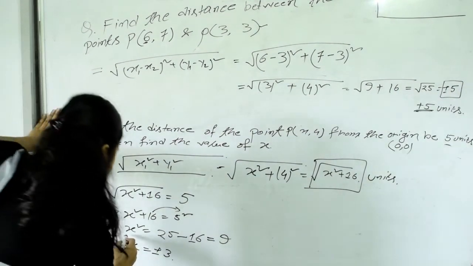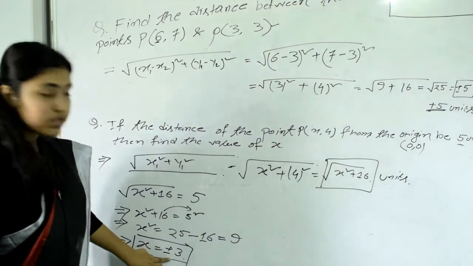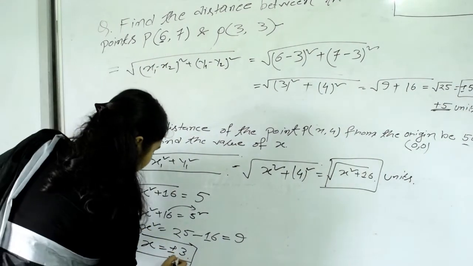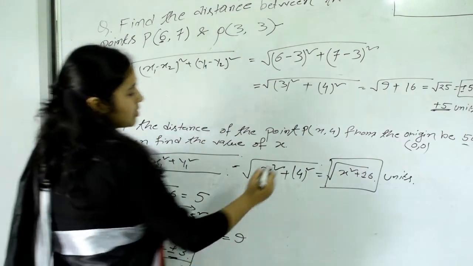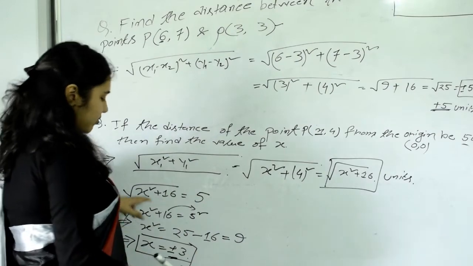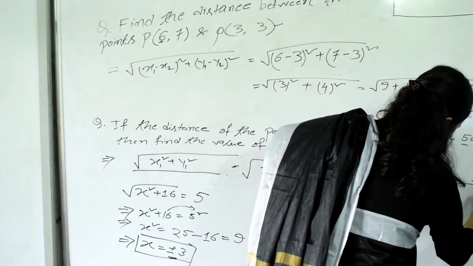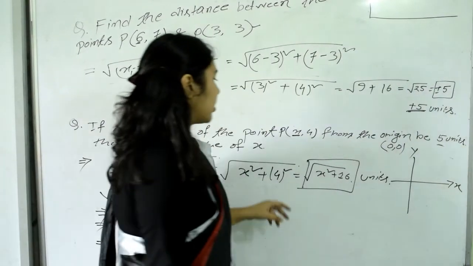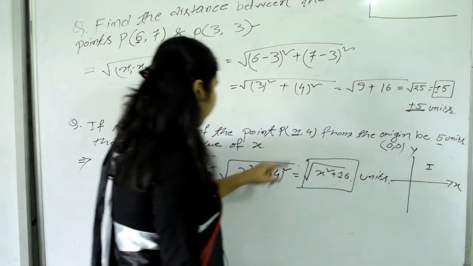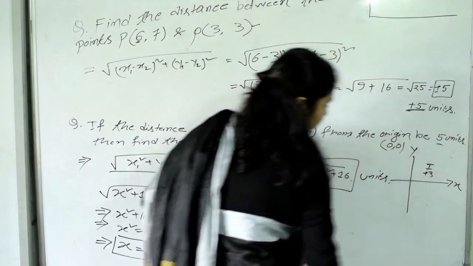Now here we have to consider both the values, plus minus 3. Why? Because the value of x is the x coordinate of P. Suppose this is the x coordinate and this is the y coordinate. If the point is in the first quadrant, then the value will be plus 3, right?